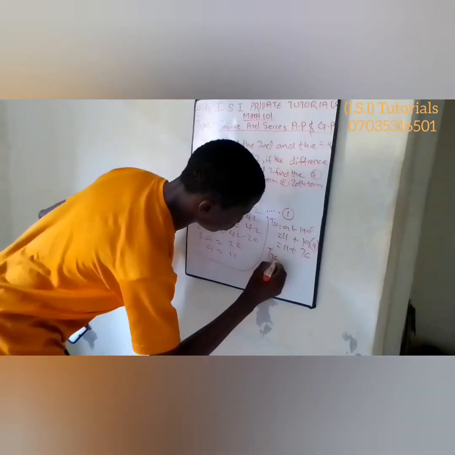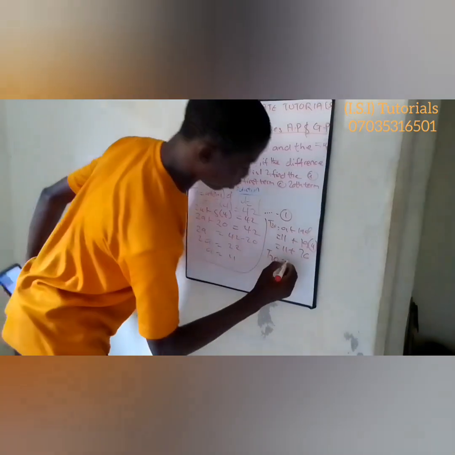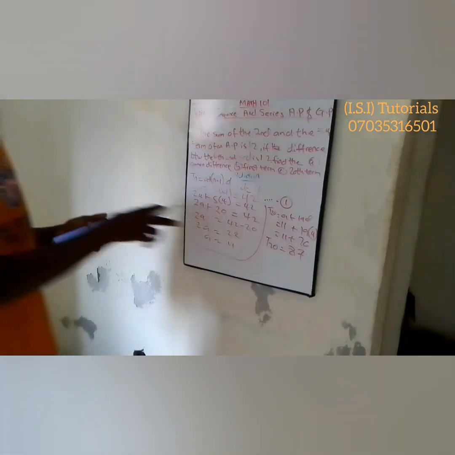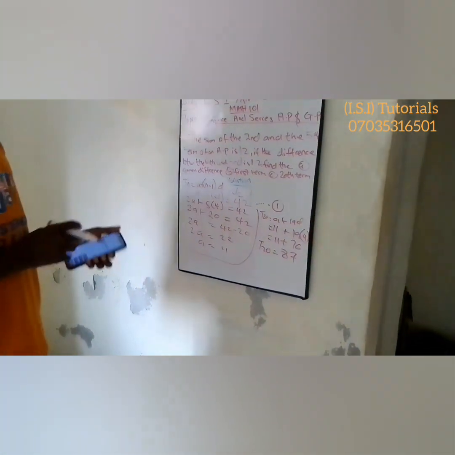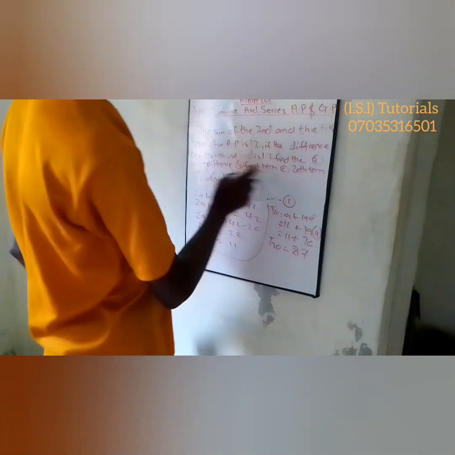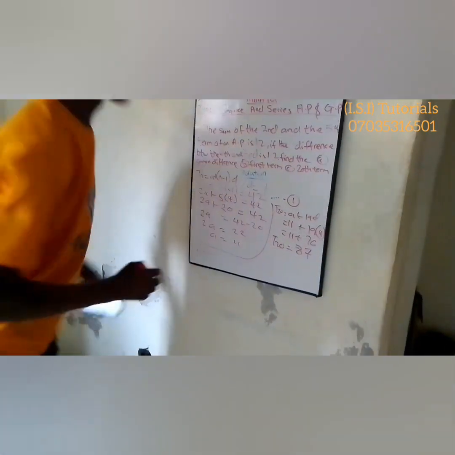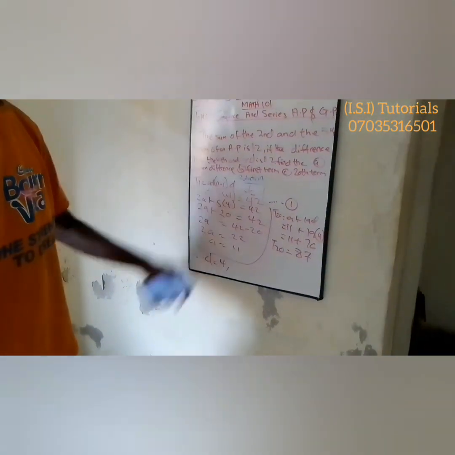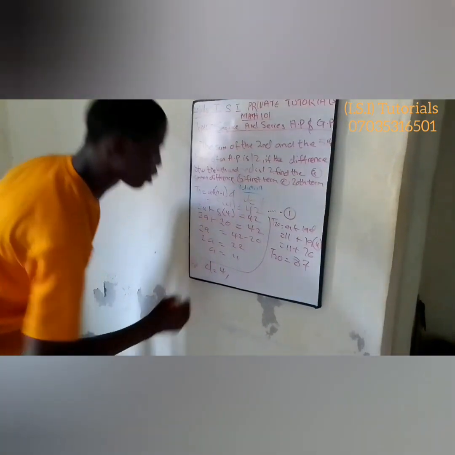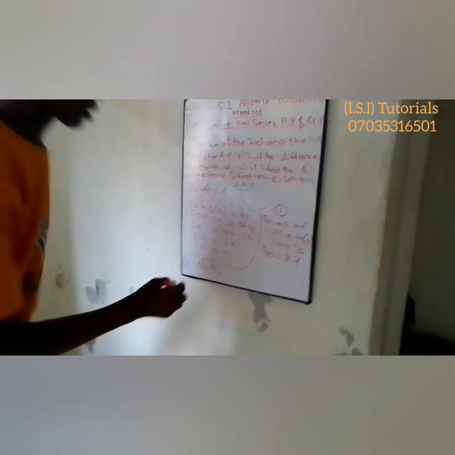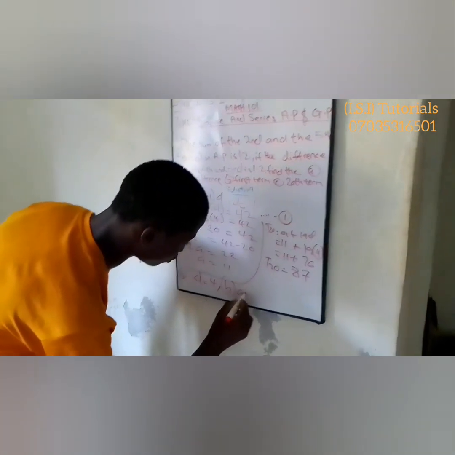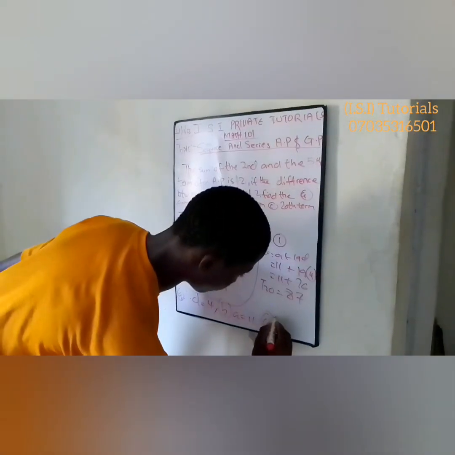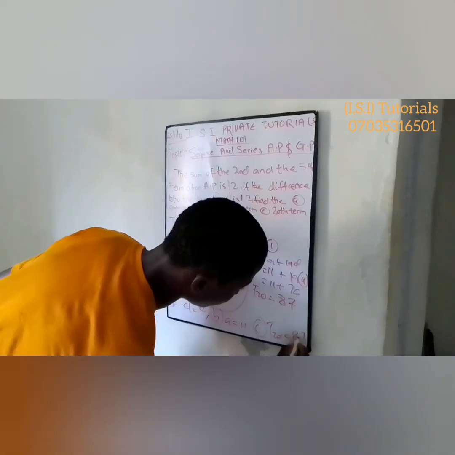So our T20 equals 87. Therefore, the common difference D equals 4, the first term A equals 11, and the 20th term T20 equals 87.